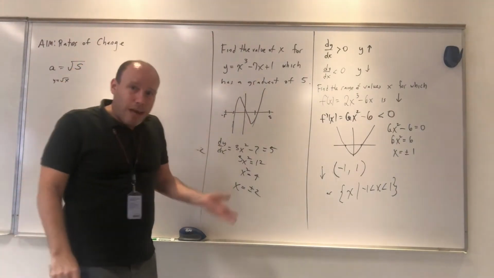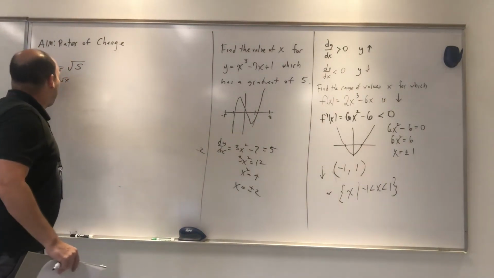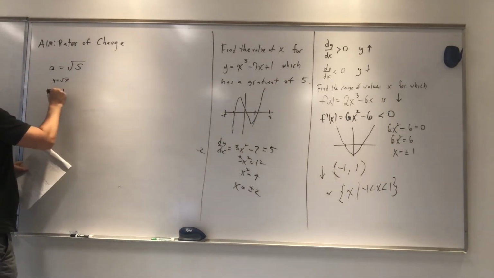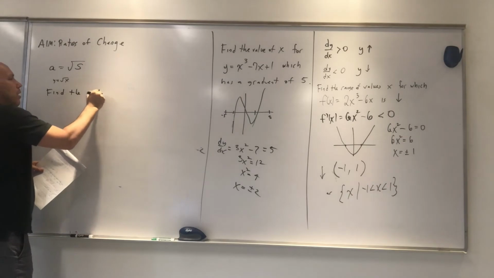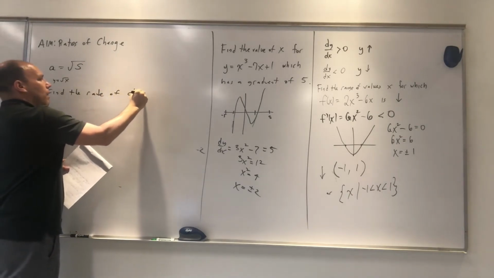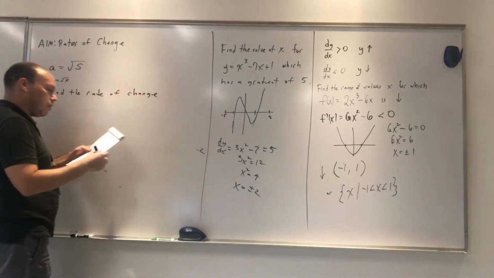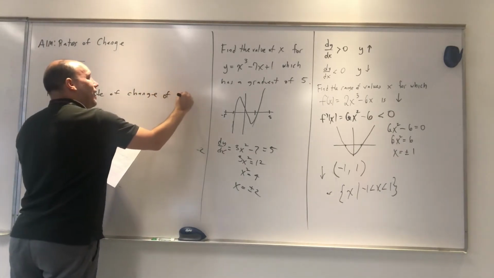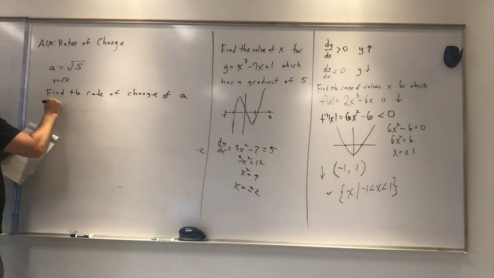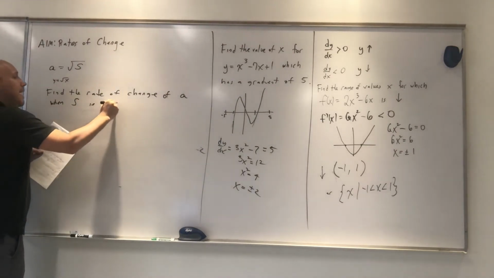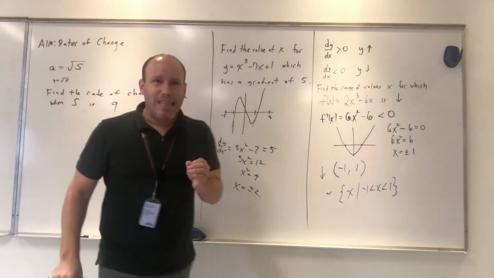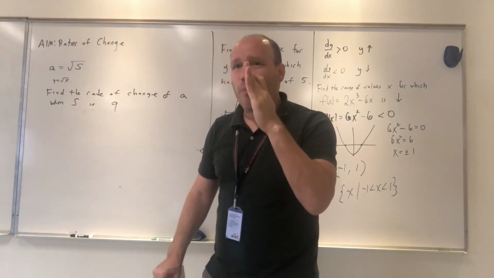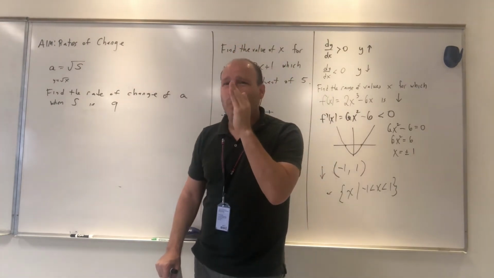You can say, okay, no, I know that A is a function of s. And they say, find the rate of change of A when s is 9. The idea is that we're finding the slope of the surfboard, the rate of change at this particular point.